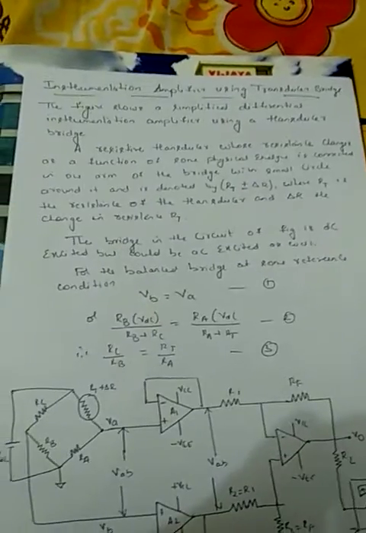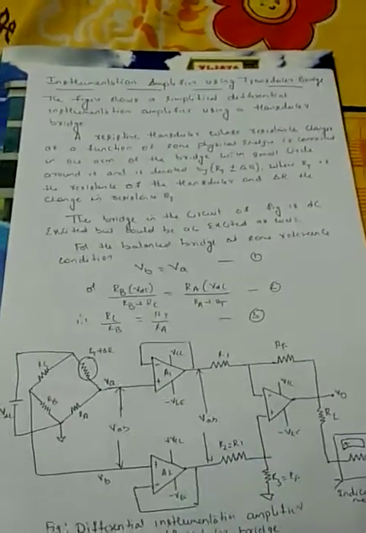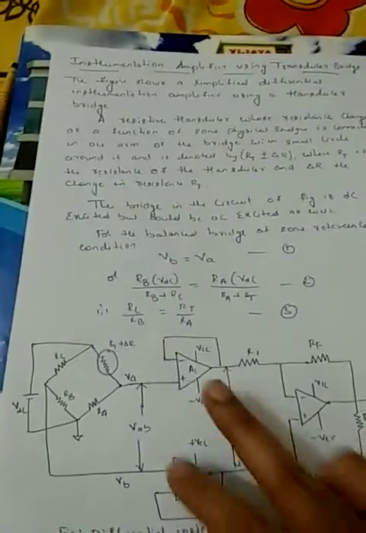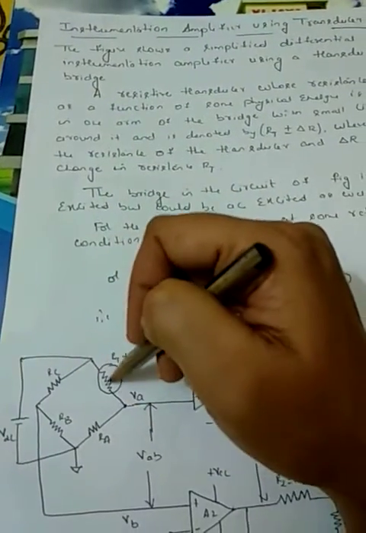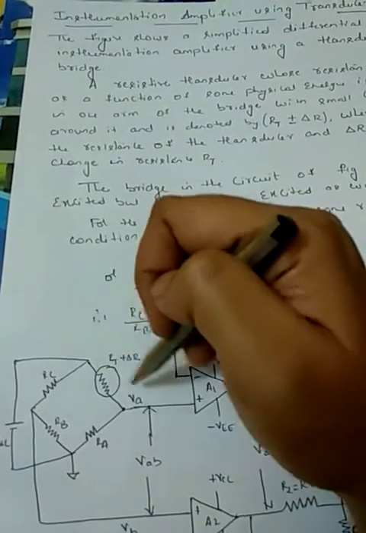This amplified signal is used to indicate or display something. Now, a resistive transducer, where resistance changes as a function of some physical energy, is connected to one arm of the transducer bridge. The bridge consists of 4 arms, RA, RB, RC and RT.